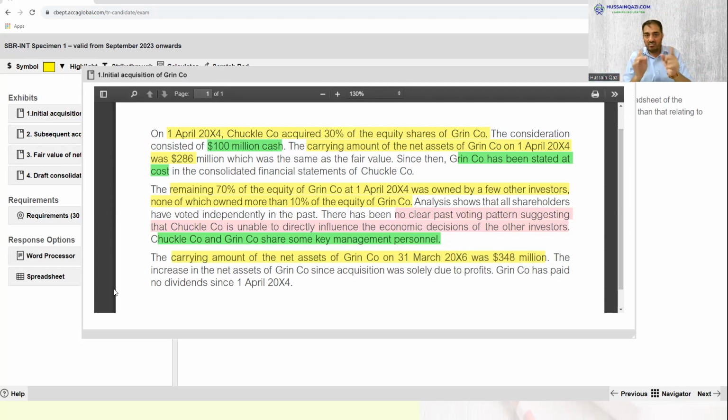So the post acquisition movement is 348 less 286. It's categorically mentioned that the increase in net assets is exclusively due to profit, and no dividends have been paid by the associate company, Grin Company. So it's very simple.